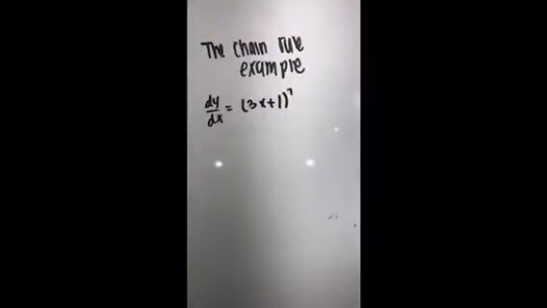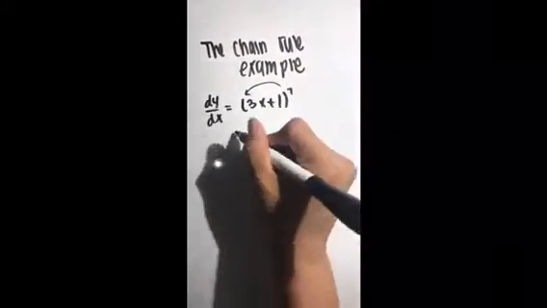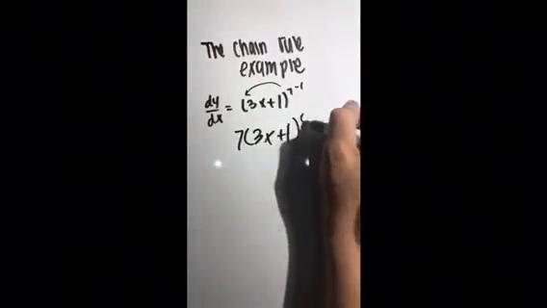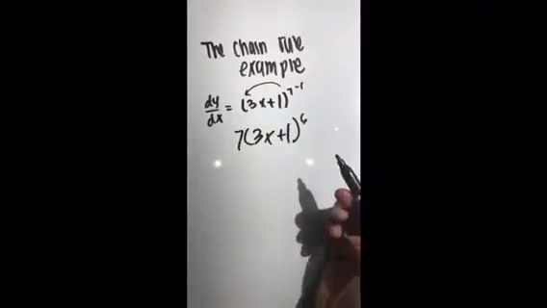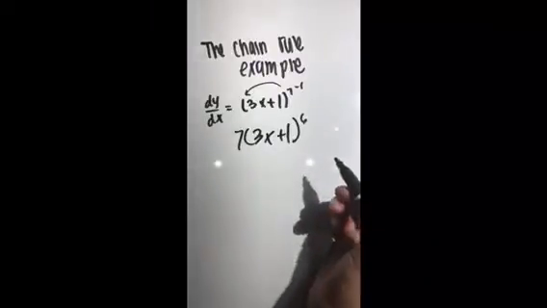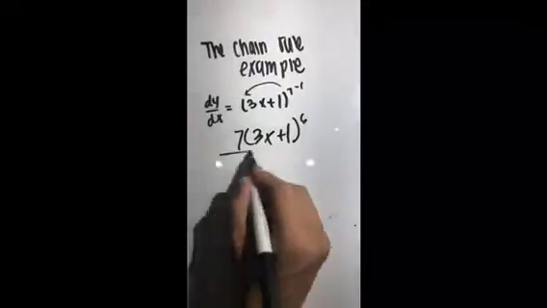Here I have an example for the chain rule, and the function is y equals 3x plus 1 to the 7th. We're going to get the derivative of the outside, leaving the inside alone first. So we multiply by our constant, which is 7, and then 3x plus 1, subtract the 1, becomes 6. But we can't forget our inside also has a derivative, so we also have to get that, and multiply it with this whole thing right here.